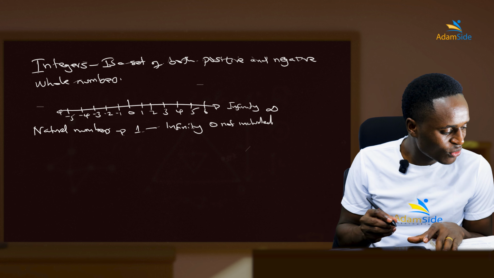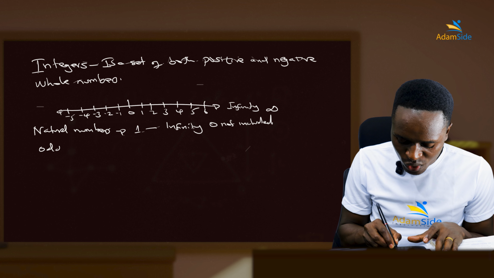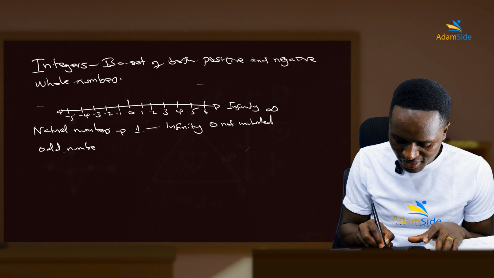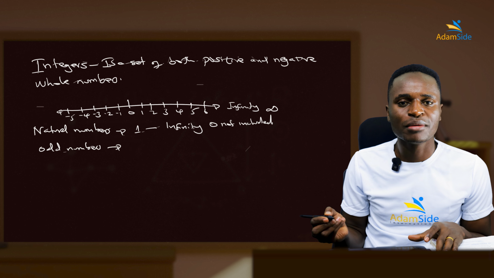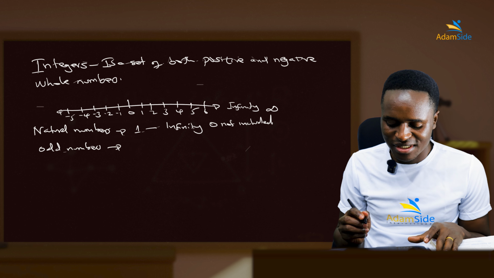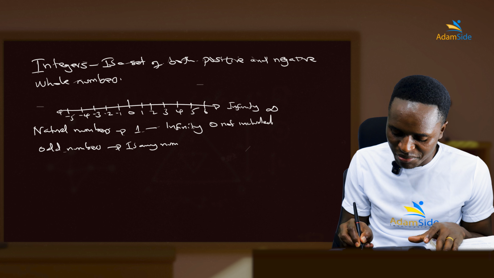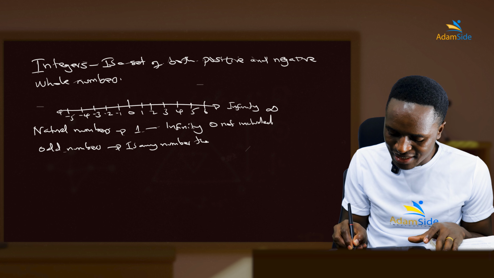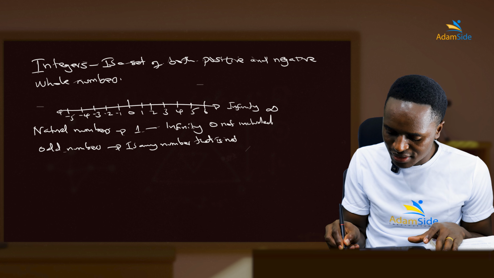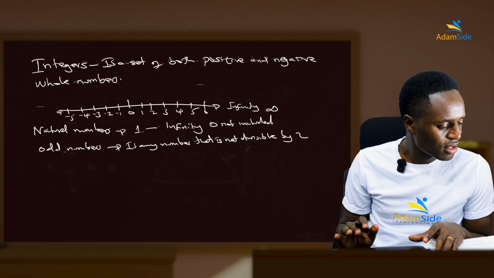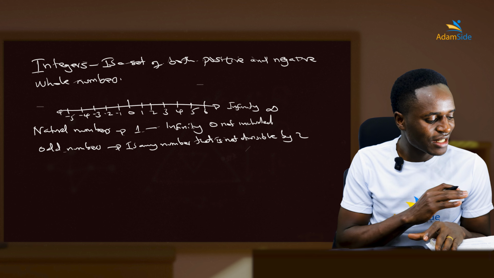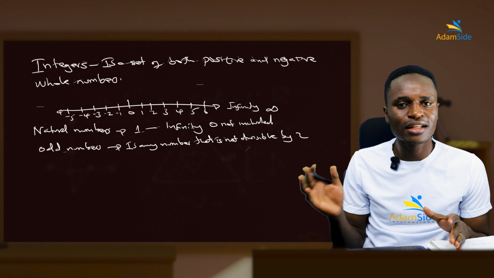Okay, then later on, we need to know about odd numbers. So what is an odd number? Obviously, that's easy. An odd number is any number that is not divisible by 2, a whole number that cannot be divided exactly by 2.